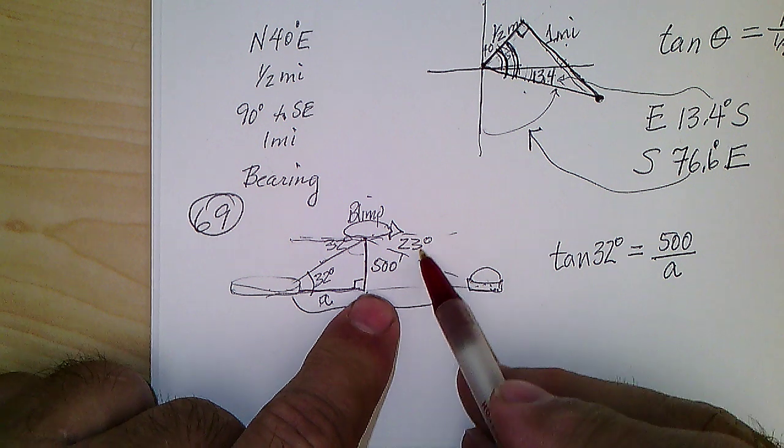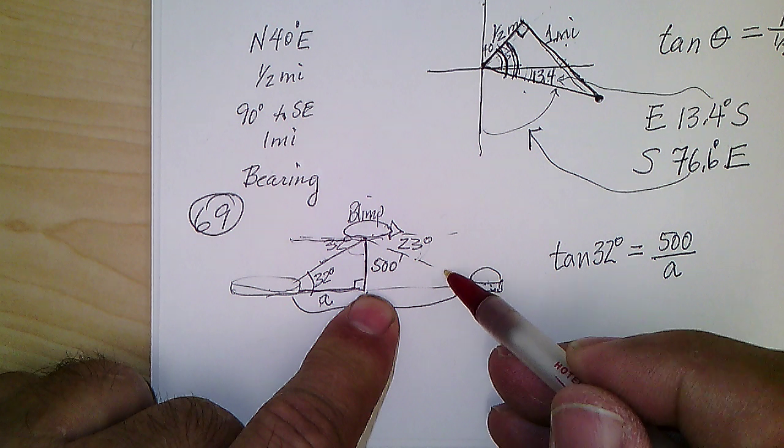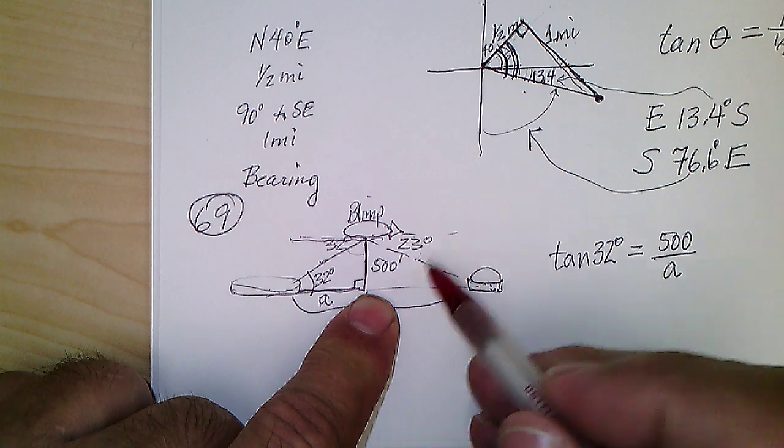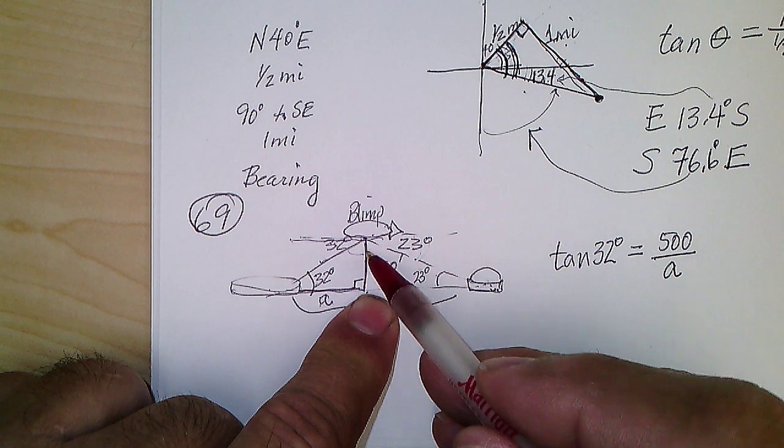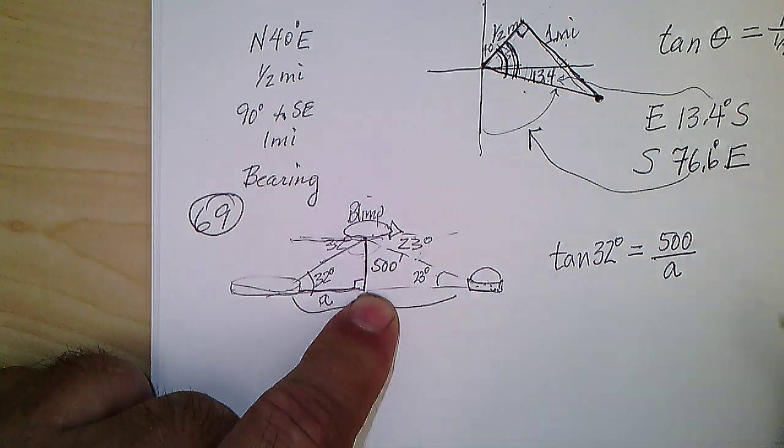And similarly over here, if this is 23 degrees and alternating interior angles from geometry, this has to be 23 degrees, or this is 90 minus 23, but I'll do it that way.